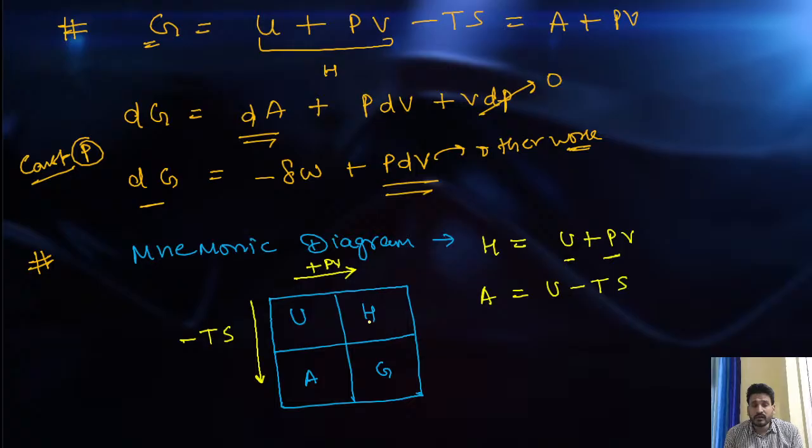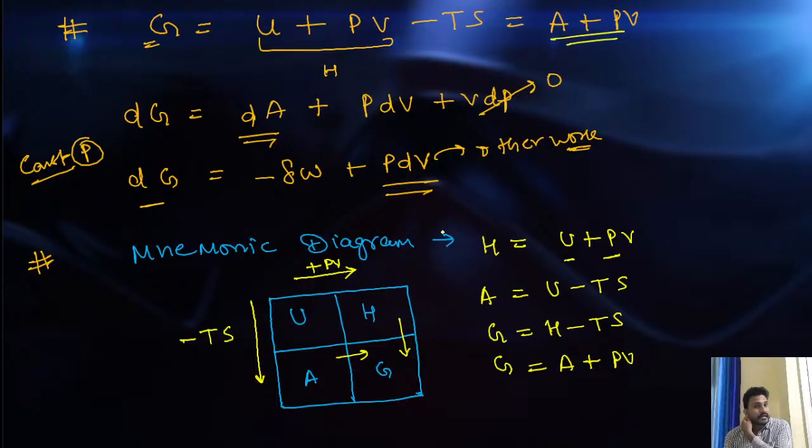You can go from H to G, or you can go from A to G. If you go from H to G, then G is H minus TS. From A to G, what do you need to do? You have to add PV. So A plus PV is equal to G, right? This equation.